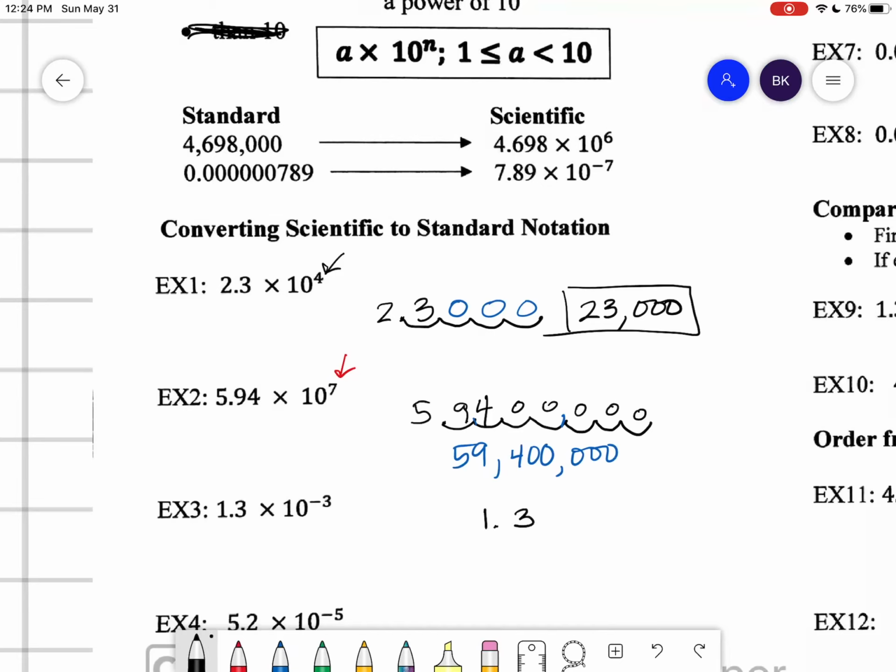Okay, now exponent is negative, and I know that negative numbers are to the left of 0, so I'm going to jump to the left 3 times. 1, 2, 3. Okay, and fill those in with zeros. Whoops. The zeros, not 6s. And I'm going to put 0 right here. So my final answer is 0.0013, right? And that is standard notation.